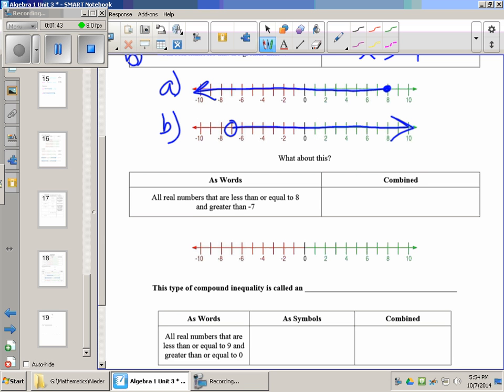It says all real numbers that are less than or equal to 8 and greater than -7. So let's see what that would look like on our number line. We know how to do less than or equal to 8. Remember, we'd have a solid circle because it says or equal to, and it would be everything to the left. But then we have greater than -7. Well, -7 is right here, and it just says greater than, so that would be an open circle.